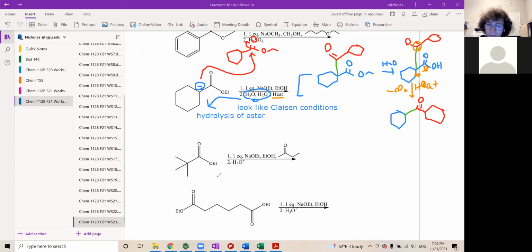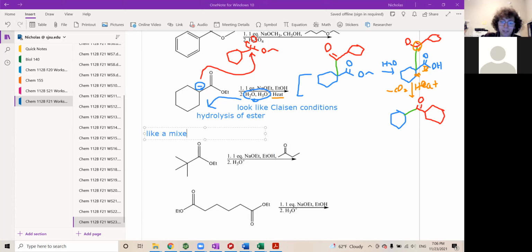Okay. Next one is kind of like a mixed Claisen reaction, because we have an ester, we have one equivalent of weak base, but this time we have a ketone here instead of another ester. So it's not two esters reacting with each other, so it's not exactly Claisen.